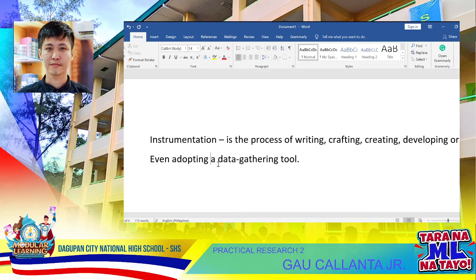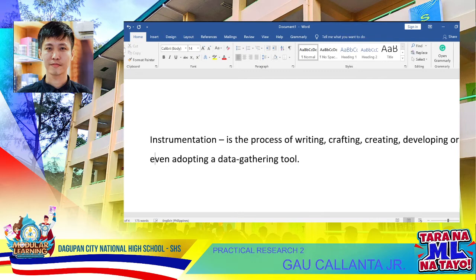Because there are two ways to create or to have an instrument or data gathering tool. Number one is you write your own, you develop your own. And number two is you can adopt an already existing questionnaire, provided that there is already an existing similar study or the same study as yours.